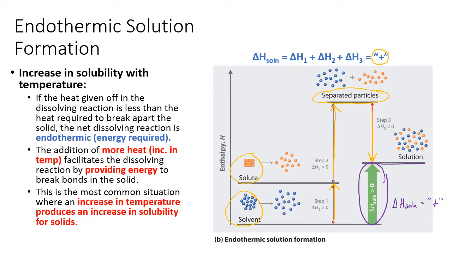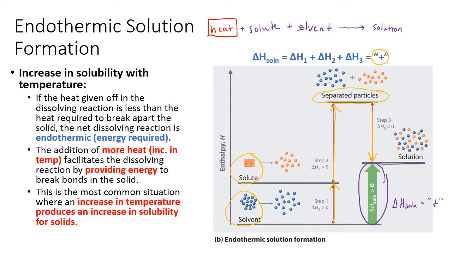Another way that we can think about this is if we have the solute and the solvent individually, and then we're going to make the solution on the product side. For an endothermic process, what that means is heat is a reactant. So we can write heat over here on the left-hand side of our equation.